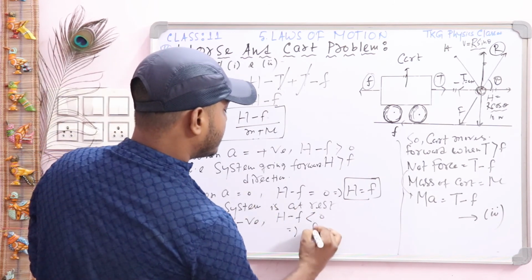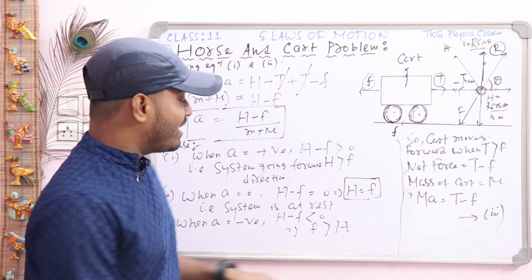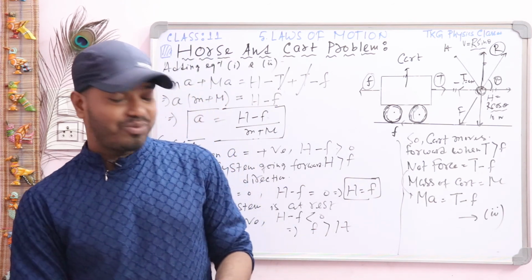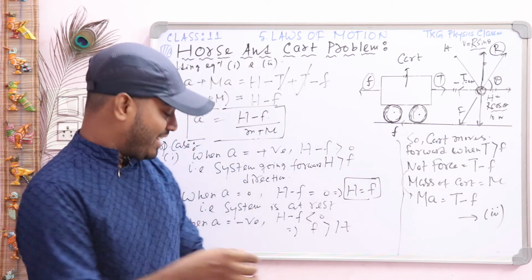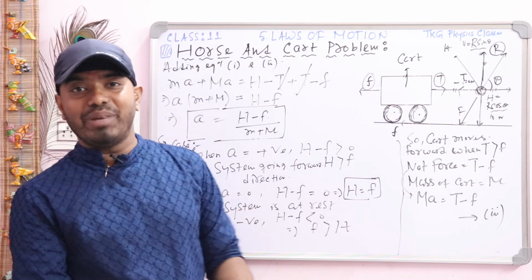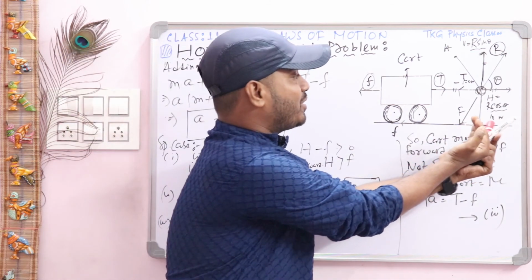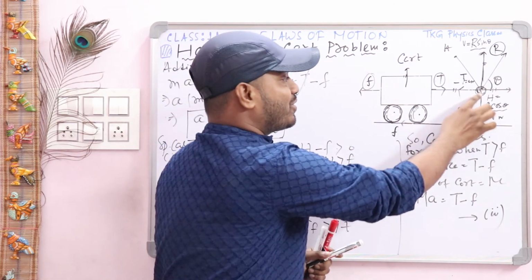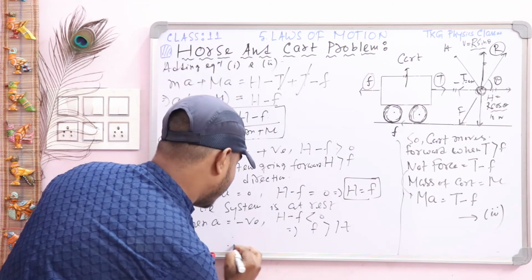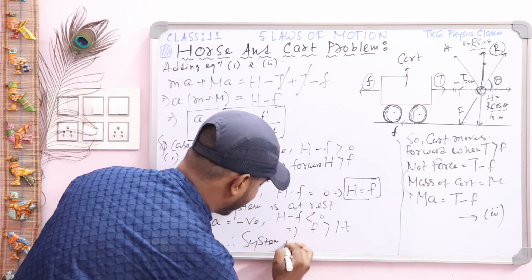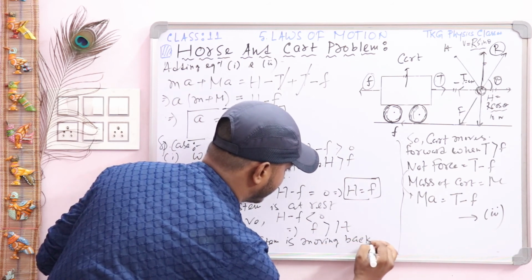So this value, that means F greater than H. That means when this frictional force will be more than the horizontal component, in that condition the acceleration will be negative. And the meaning of negative, that is the system is moving backward. You see, the system is moving backward, not horse pull the cart, cart pull horse, backward condition. So that means the system is moving backward direction.